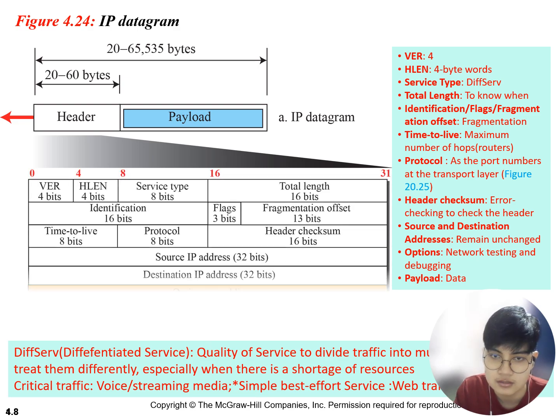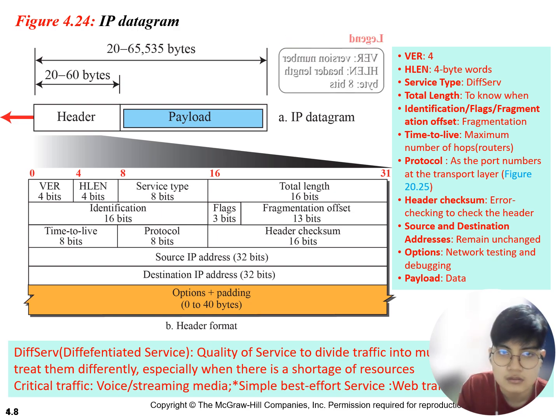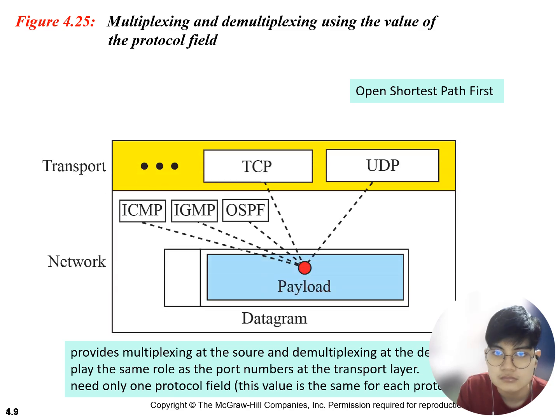This is an IP datagram. You can see the header of 20 to 60 bytes, and the other part is the payload. This is the multiplexing. The multiplexing uses the value of the protocol field.